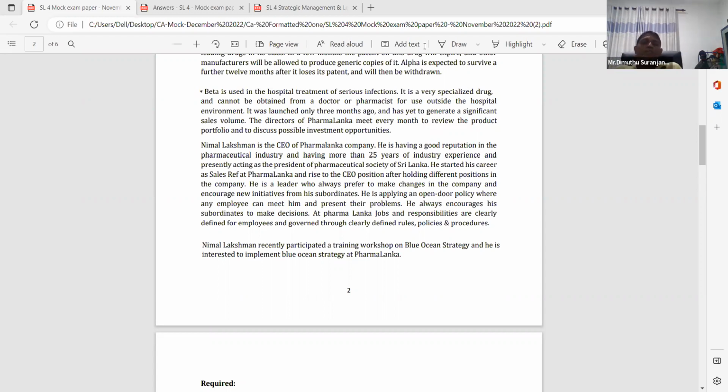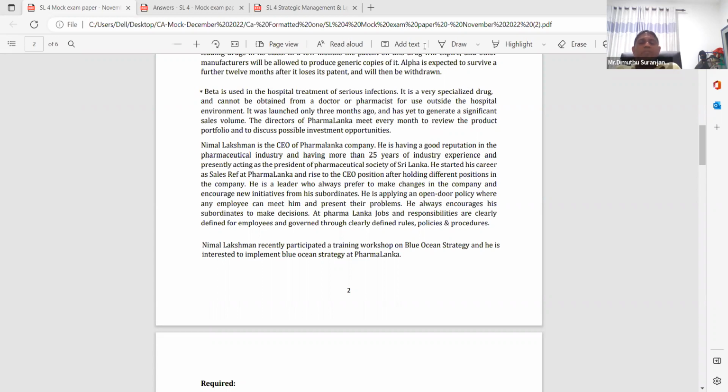So, Nimal Lakshman is the CEO of Pharmalanka company and he's having very good reputation, no, in the industry and have more than 25 years of industry experience and personally acting as the president of Pharmaceutical Society of Sri Lanka. He started his career as sales rep at Pharmalanka and rose to CEO position after holding different positions in the company.